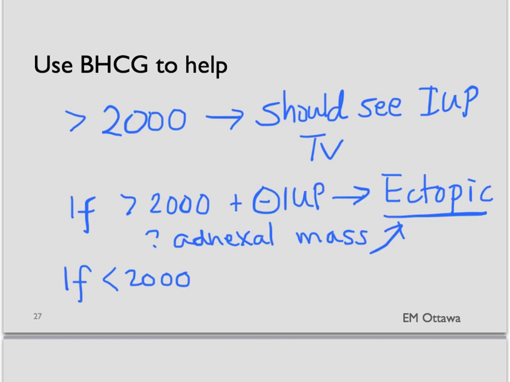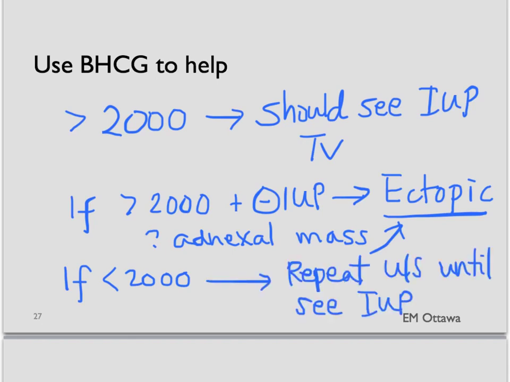These are very tricky patients, and we tend to discuss with the consultant about what we would do. If they're stable, we often bring them back and repeat both the beta HCG and the ultrasound until an intrauterine pregnancy can be ruled in.